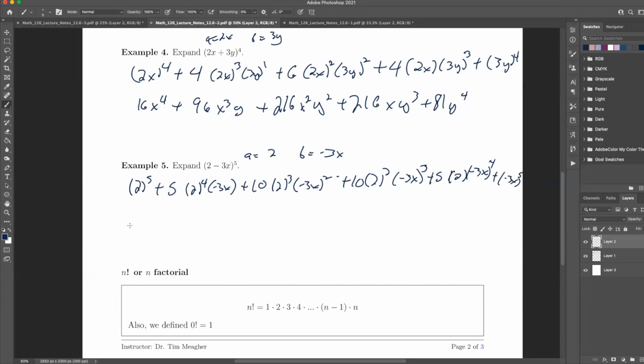And let's crunch through those numbers. So 2 to the fifth is 32. This becomes minus 240. This one I already pre-wrote. This becomes plus, this is 9 times 8, which is 72 times 10. 72 is 70. Here I have an odd number of evens. Here I have an even number of negatives, right? Here I'll have an odd again.